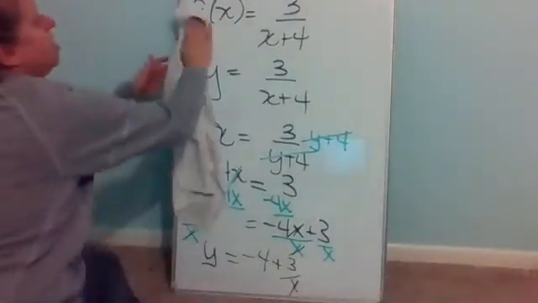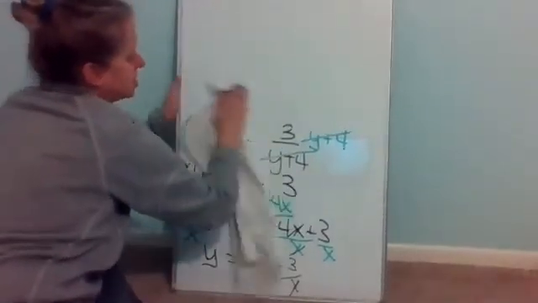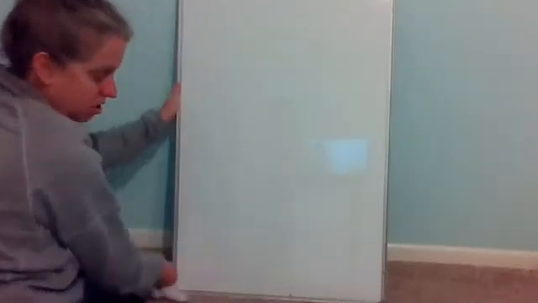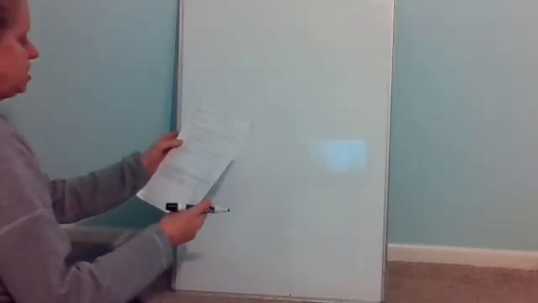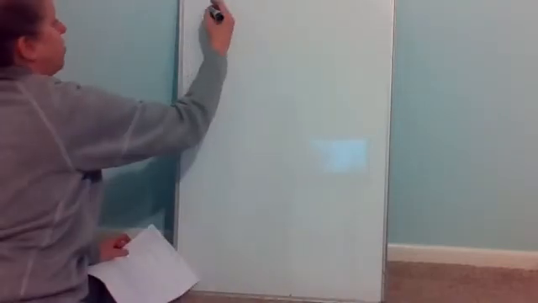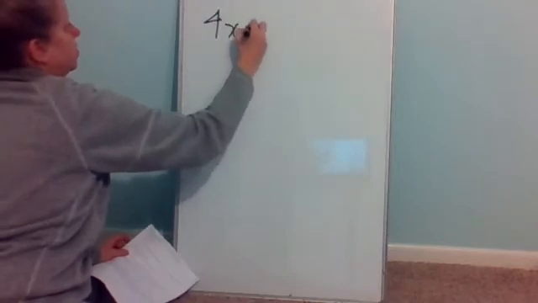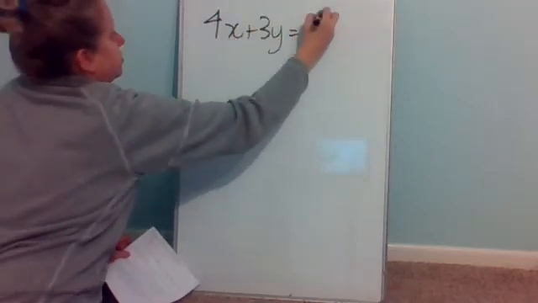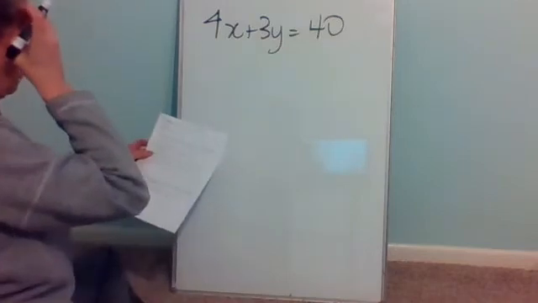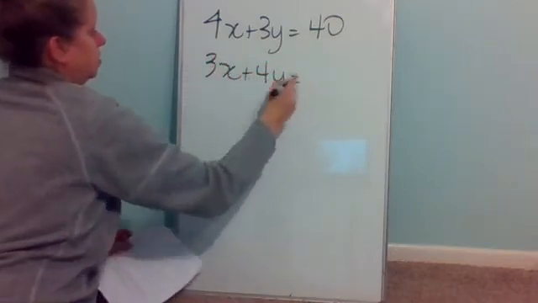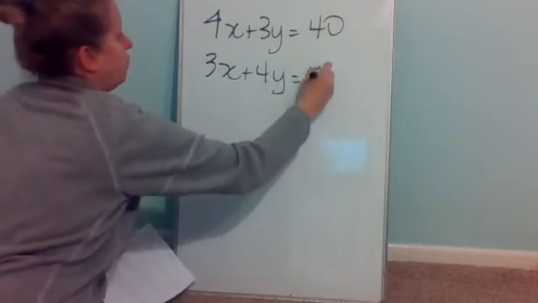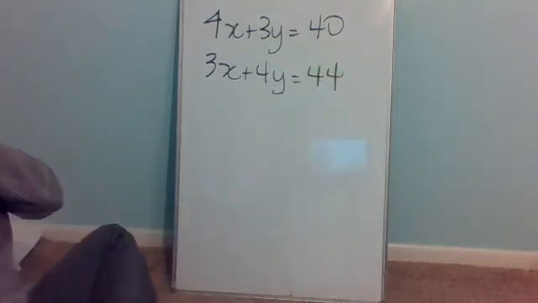Number 20. Number 20 is when we got into the systems of equations. Now remember, we did all of this work in our calculator. So we have 4x plus 3y equals 40. And then we have 3x plus 4y equals 44. Now, remember what we did.